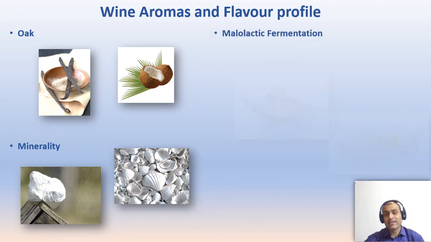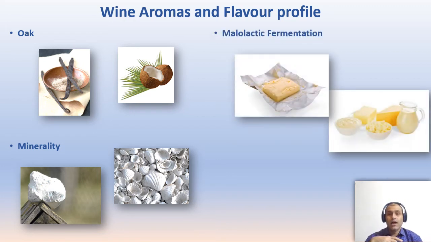Then there's malolactic fermentation, which gives a dairy-like, butter-like aroma and flavor profile. Malolactic fermentation is not actually fermentation; it's a conversion, wherein the harsh malic acid in the wine is converted into lactic acid, which is generally found in milk and dairy.